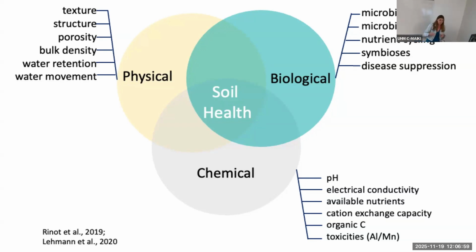Biologically, of course, we have microbial abundance and diversity. We're going to talk about diversity later, nutrient cycling, symbiosis, disease suppression. And chemical: we may want to assess the soil pH, electrical conductivity, nutrient availability, the ability to retain and supply plant nutrients, organic carbon, as well as toxicities.